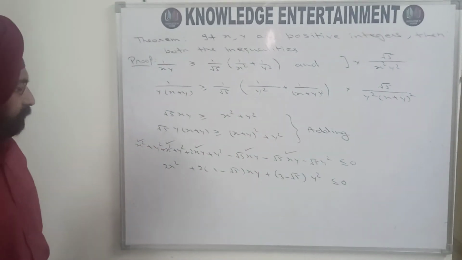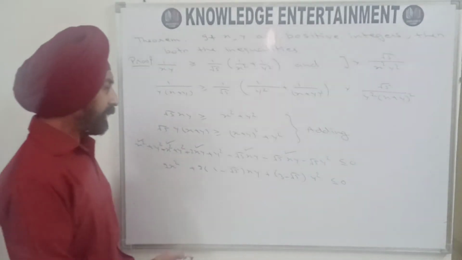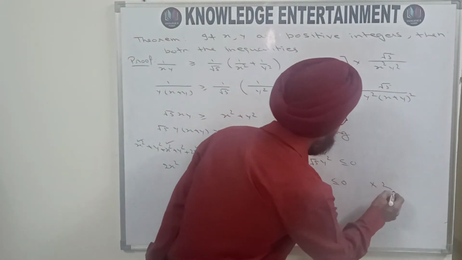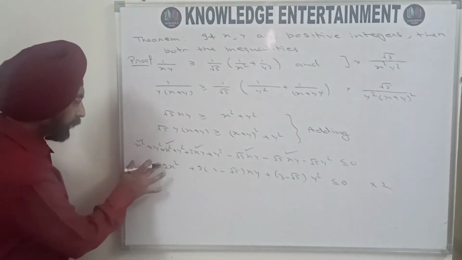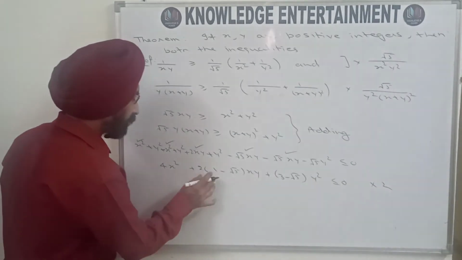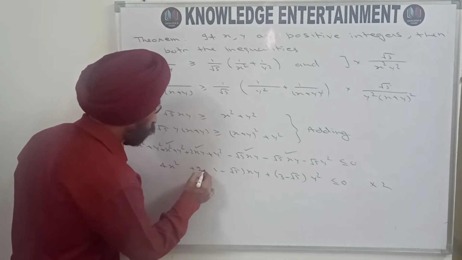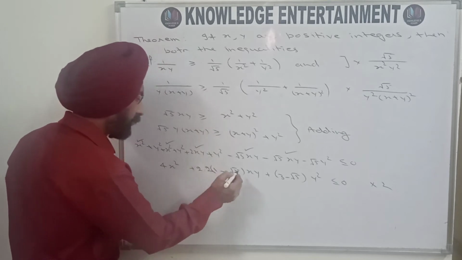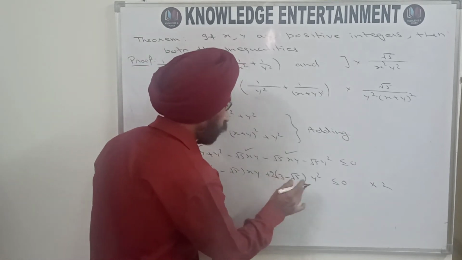And once again multiply by 2. So multiplying by 2, this 2x square will become 4x square. Here you will get 2 into this, and here you will get 1 2 extra.